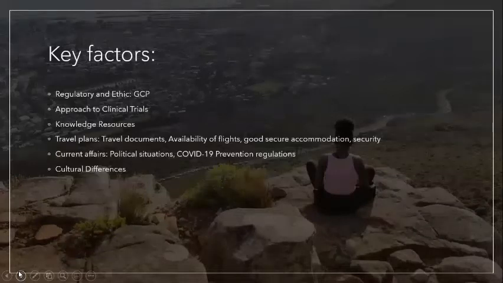Also, you should look at your knowledge resources. In a situation where you work in a multi-centered CRO or company, you can use your regional staff to find out about the different aspects of clinical trials in the region.